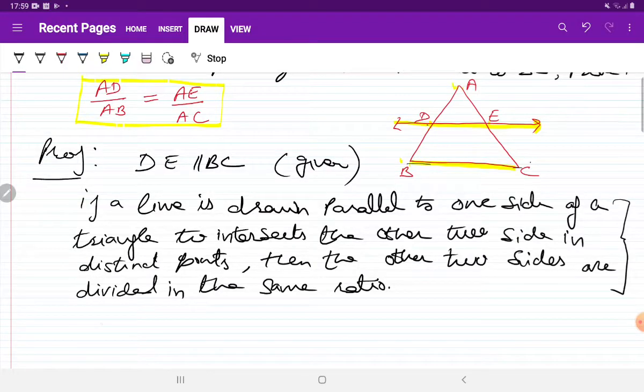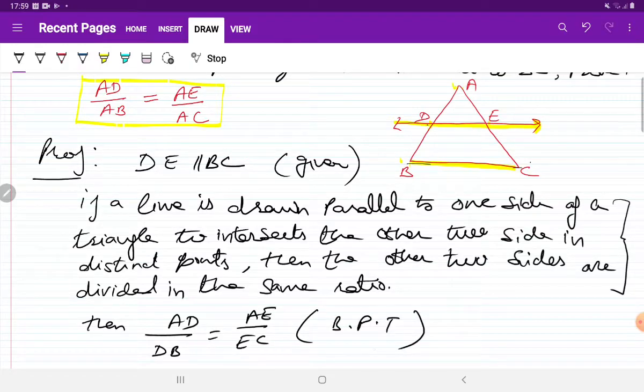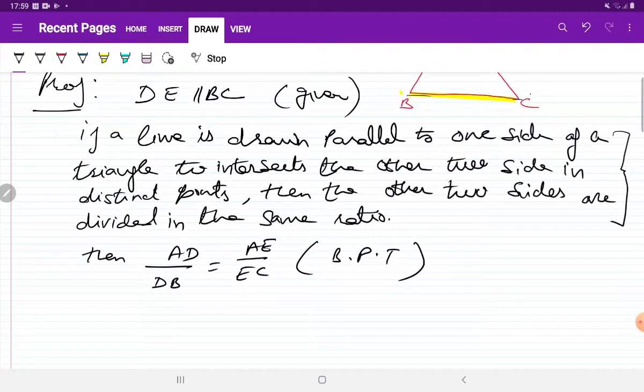If DE is parallel to BC, then according to Thales theorem, AD upon DB is equal to AE upon EC. This is BPT, the basic proportionality theorem or Thales theorem.